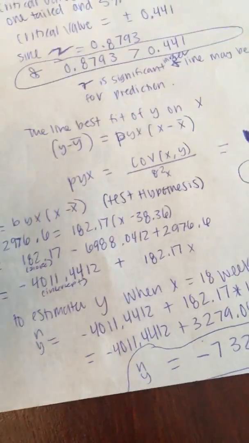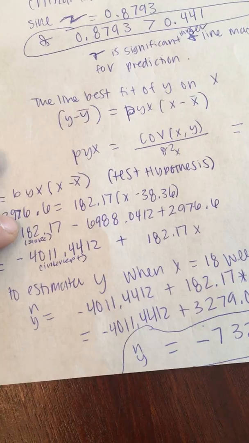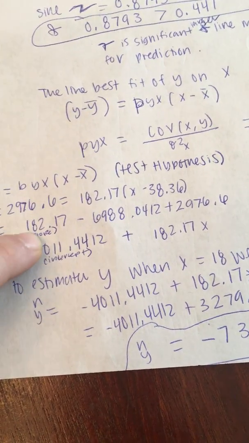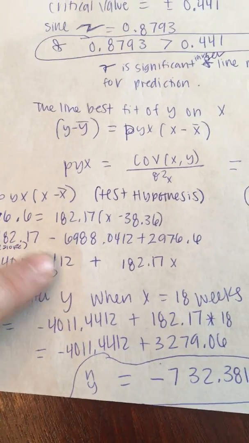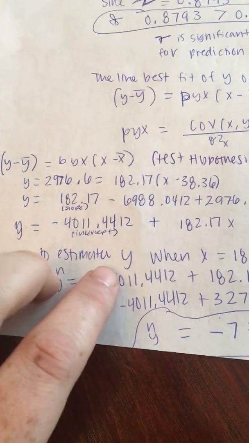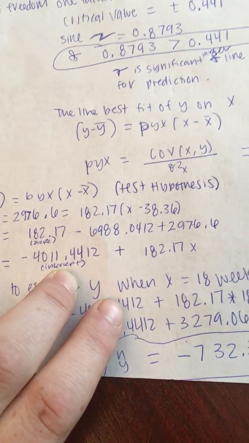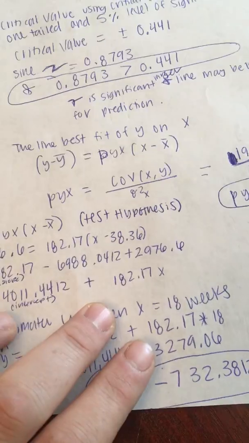Sorry, I'm a little disorganized. I've done this like 4 times. Minus that 38.36. So we take our slope, which is the 182, minus, we punch these in, and we get our y-intercept of negative 4011.4412 plus our slope.